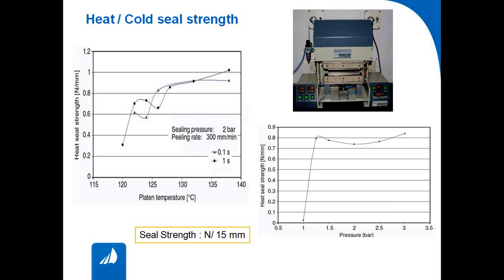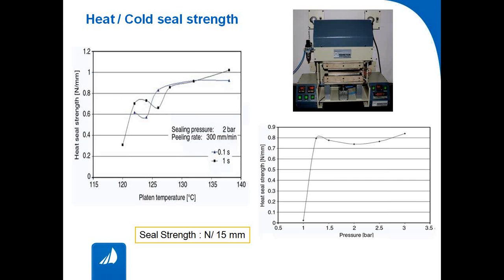We clamp the two free edges of the sealed material in the UTM machine and separate them at a particular speed and check how the loads are coming. At different temperatures, which are actually the temperature of the sealing jaws, we separate them and see what loads come, in Newton per millimeter, or it can be Newton per 15 millimeter.